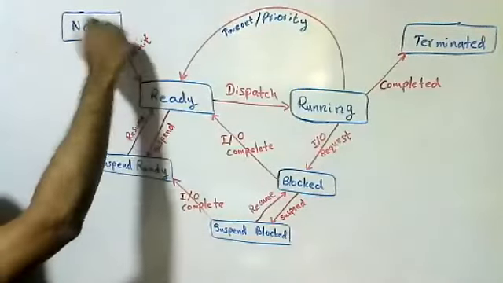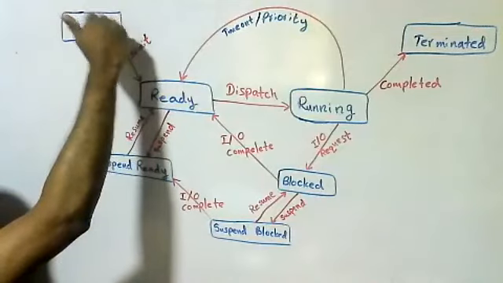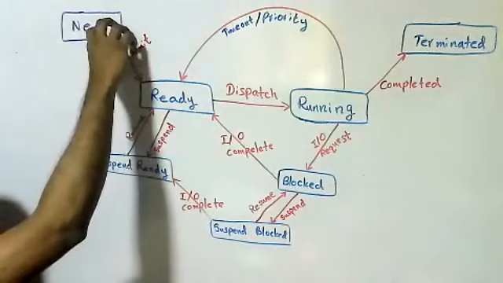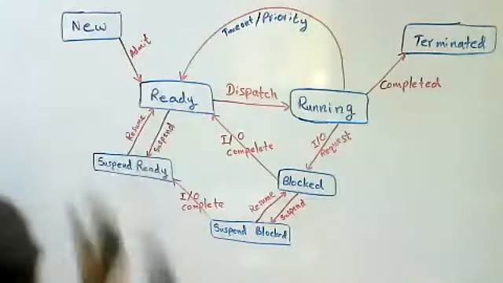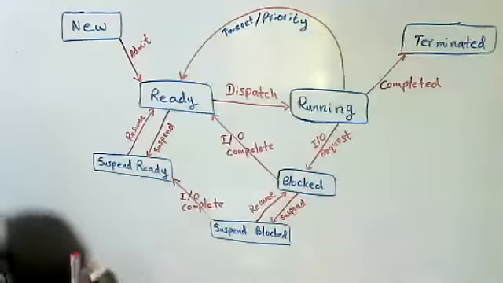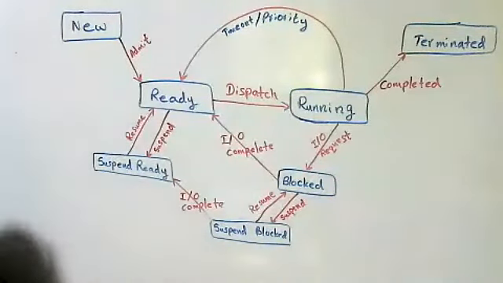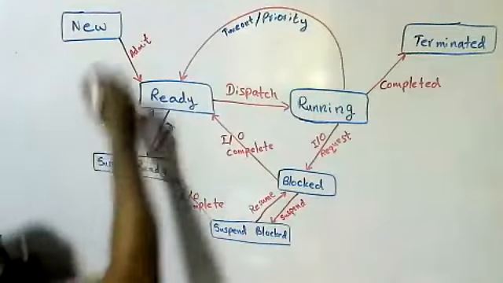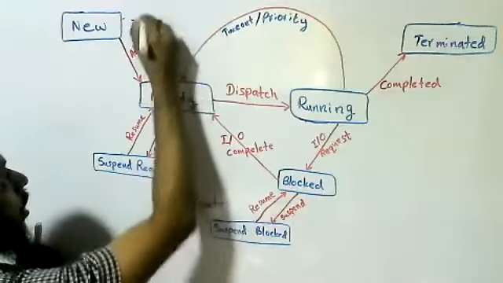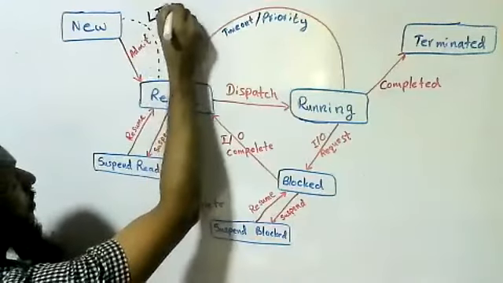Then those processes should be admitted to the ready state. Then how to admit? Who is admitted first? Who is admitted second? What is the order? Those kinds of things are decided by the long-term scheduler. It is called the long-term scheduler.